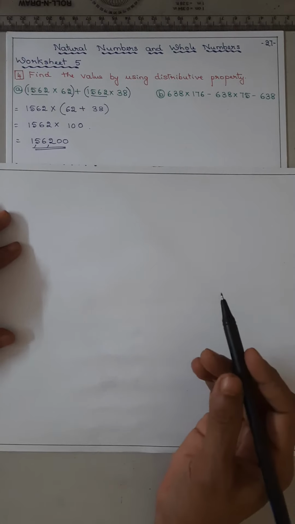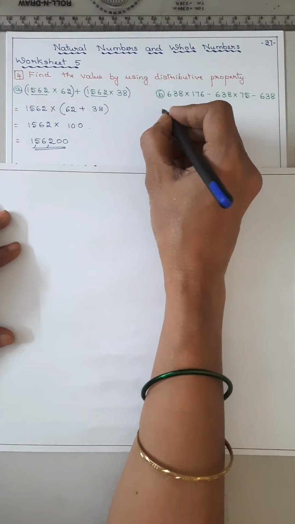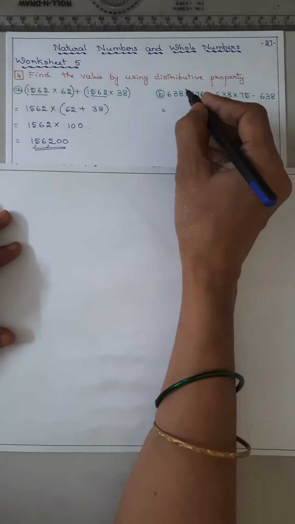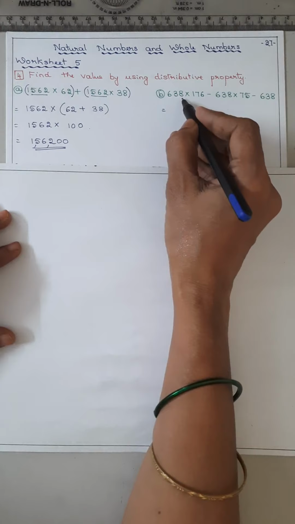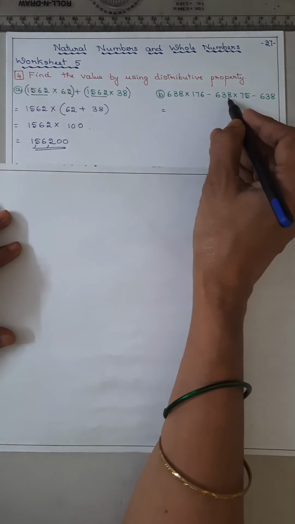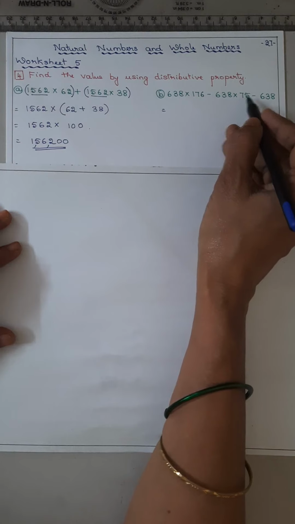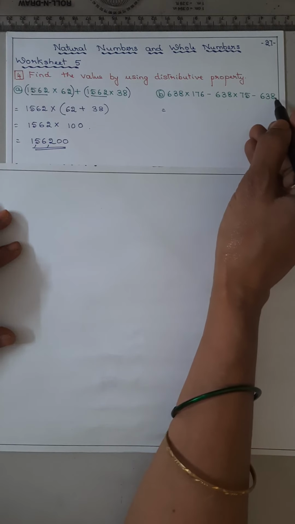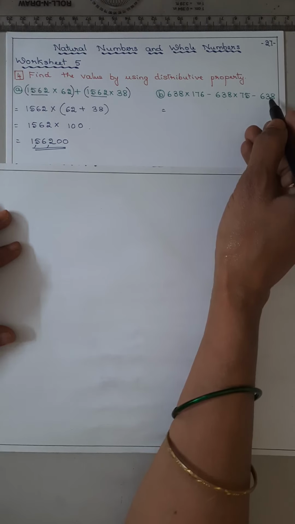Now coming to question number B. First, what we have to do? 638 into 176 minus 638 into 75 minus 638. In the first sum we have seen like this only in the fill in the blanks, isn't it?